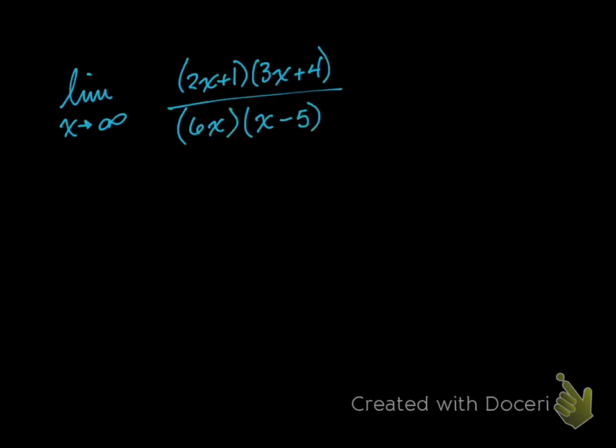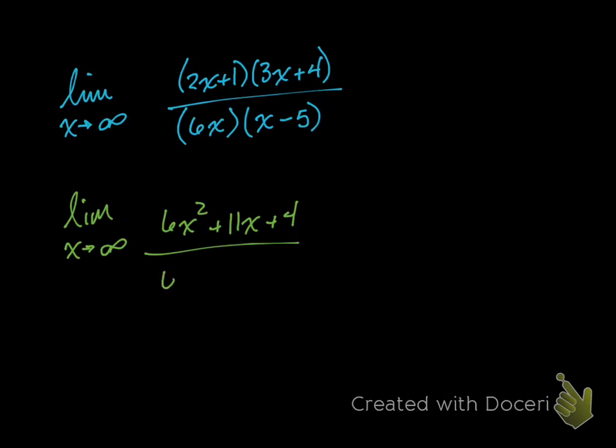Now this one, we can't just plug infinity in because we'd be multiplying stuff weirdly. What we need to do first is FOIL, or distribute, which is the technical term. We have 6x squared plus 11x plus 4 on top. On the bottom, 6x squared minus 30x.